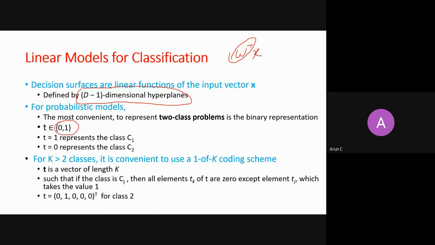If you say that I have two classes, dog and cat, you want to do something in the computer, so you can't write that in this image there is a DOG and in the other image a CAT. For computational convenience, you represent one class as 0 and the other as 1, rather than the three-character word. So the two classes, dog and cat, can be represented by 1 and 0. This is a convenient form for probabilistic modeling.